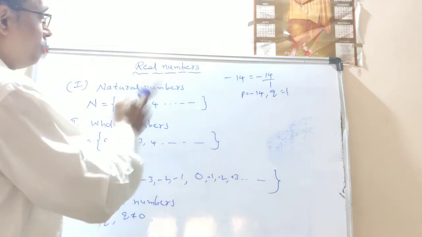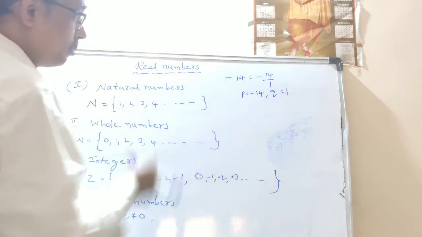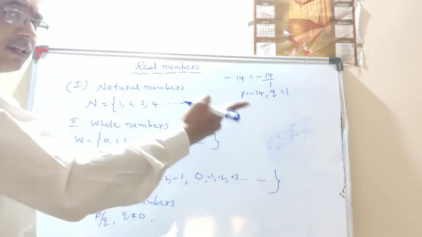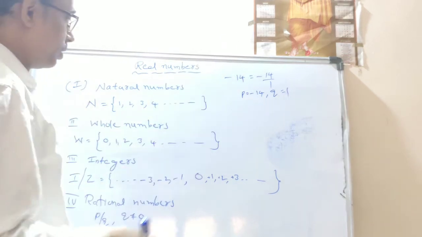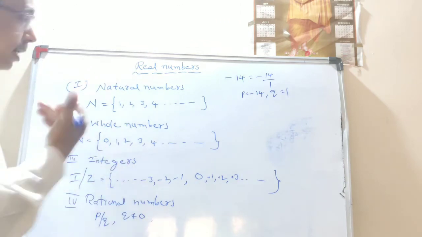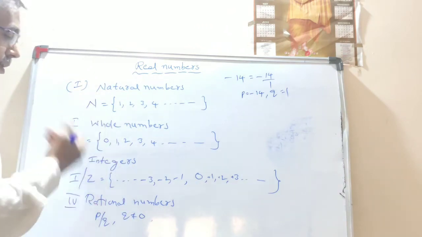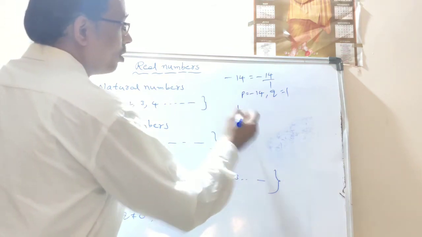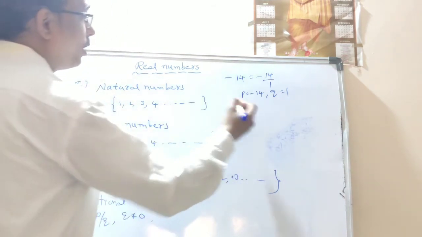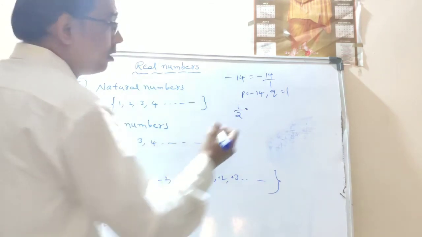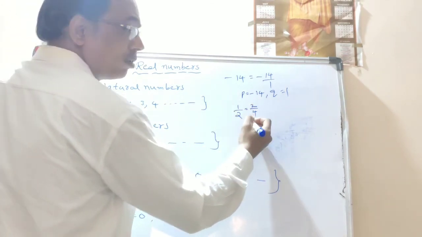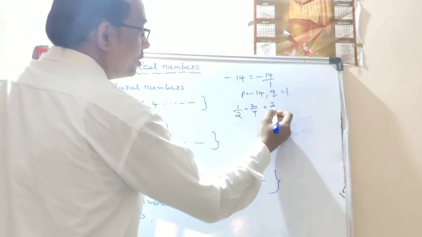Now to represent these types of numbers, you can draw a line and locate the numbers on the line. But in rational numbers, let us take for example 1 by 2. We have so many equivalent fractions to this 1 by 2, for example 2 by 4, and next 3 by 6.